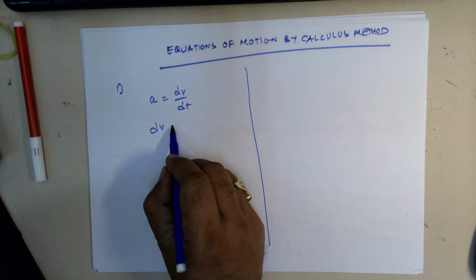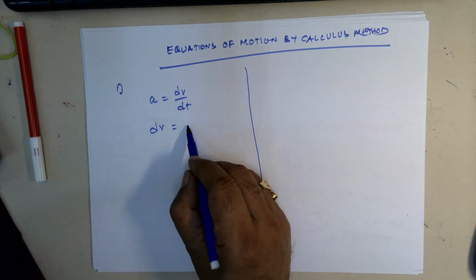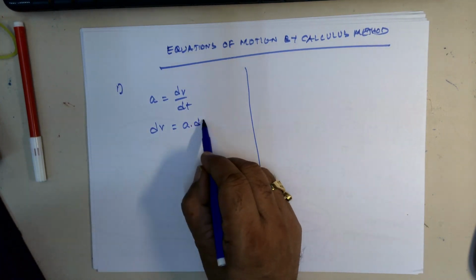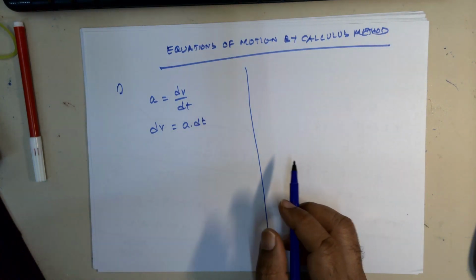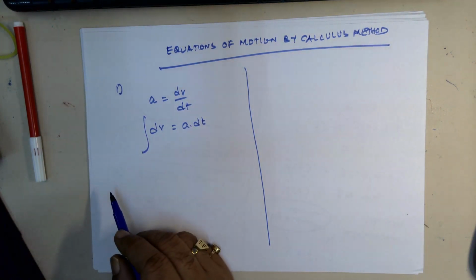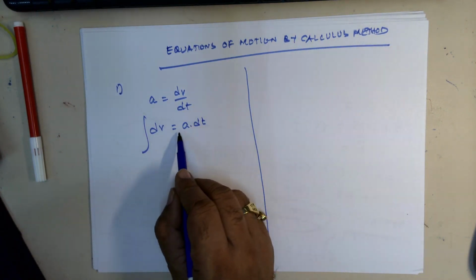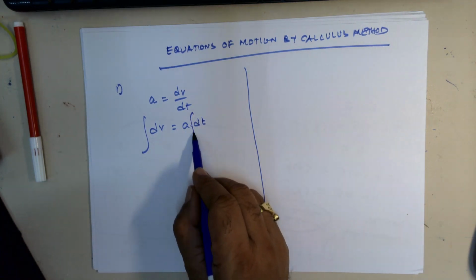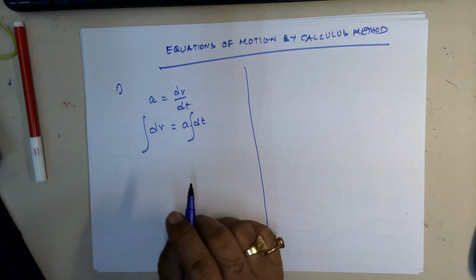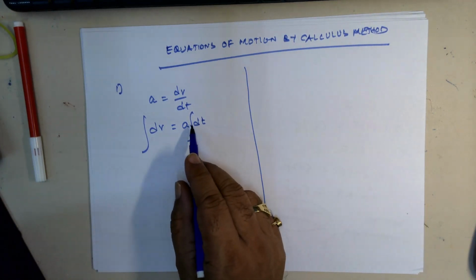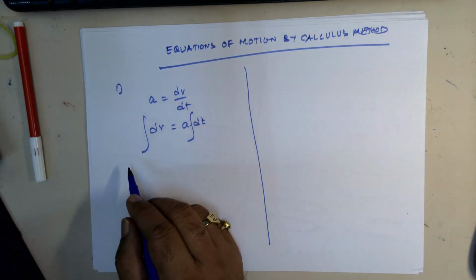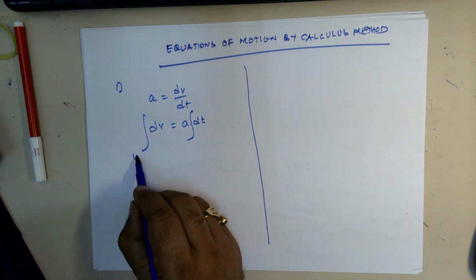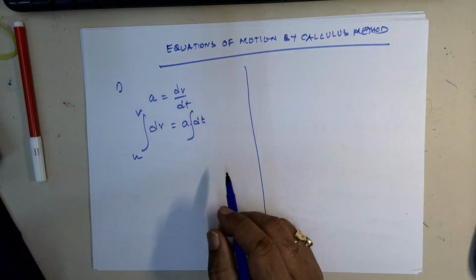Therefore, dv is equal to what? Tell me. a into dt. Let us integrate on both sides. At constant acceleration, let us integrate this between initial velocity and final velocity.